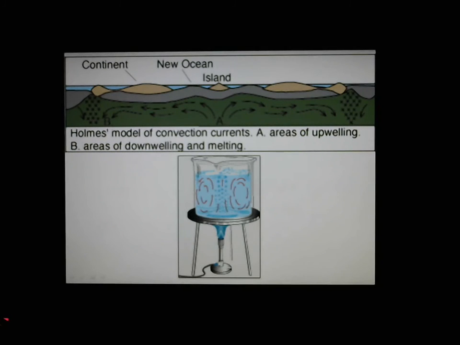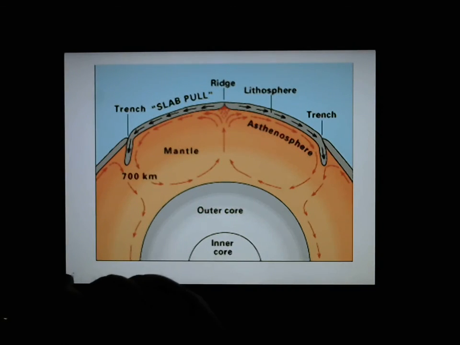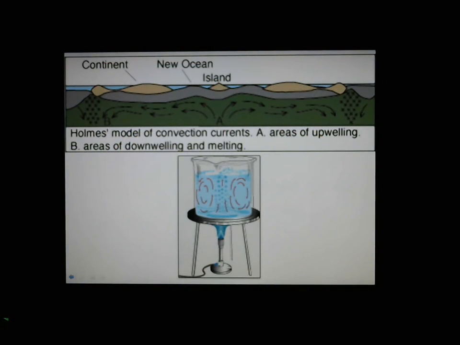Here we have an area where at A, the heat is causing the rock to come up, gets to the top, can't go any higher, gets pushed to the side, and then cools down, falls to the ground, or falls deeper into the earth, and the cycle repeats.